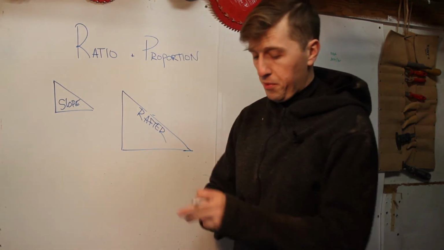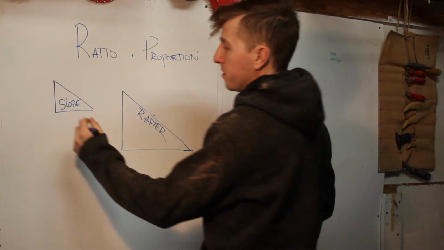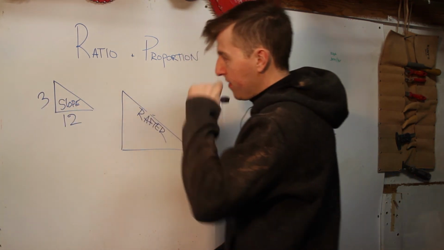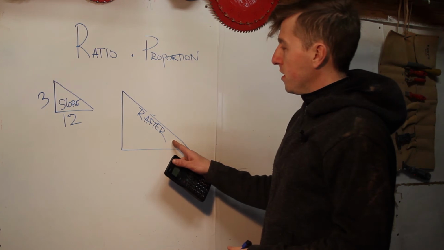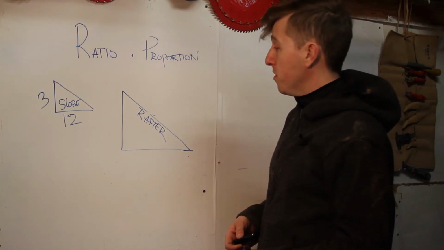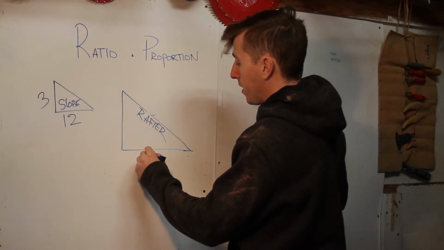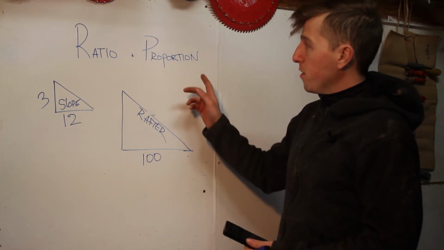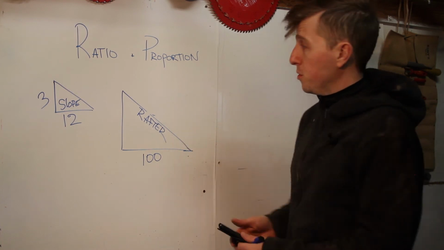Okay, let's do another example. So let's say that our slope triangle is the base unit of 12 and it's a 3/12. And the roof that we're working with, the building span is 100 meters across. It's a huge building. So we want to figure out the ratio between these two triangles.